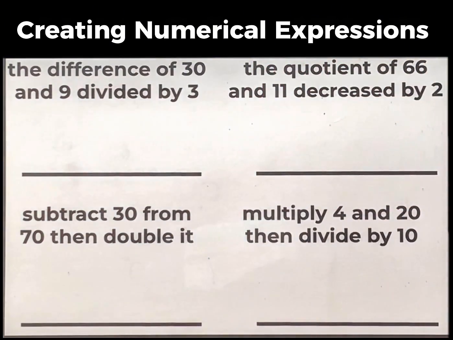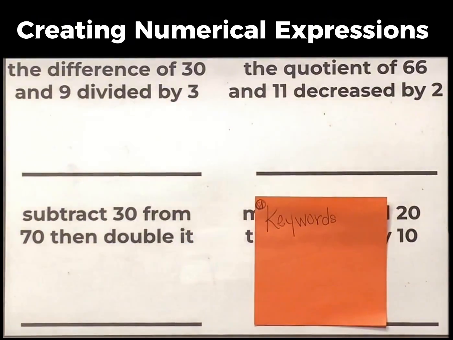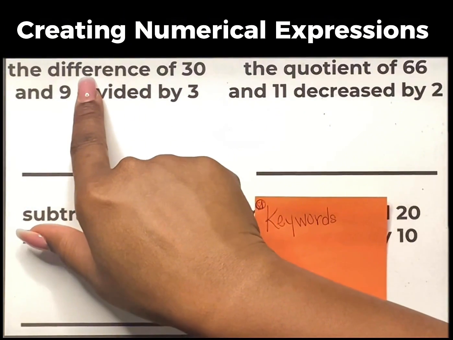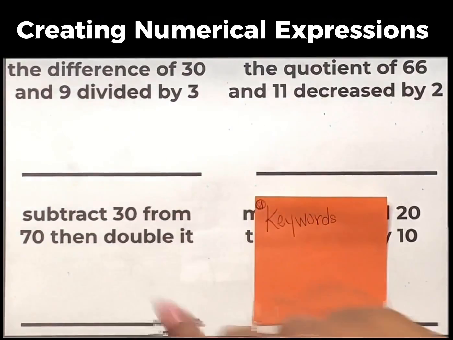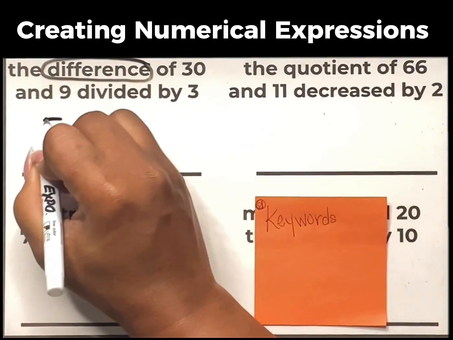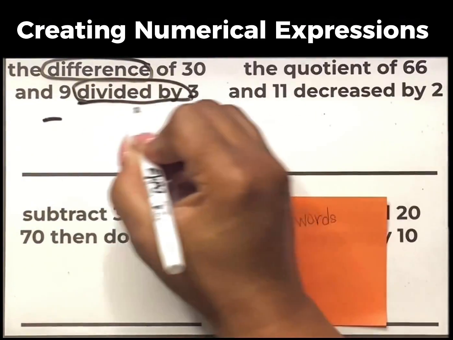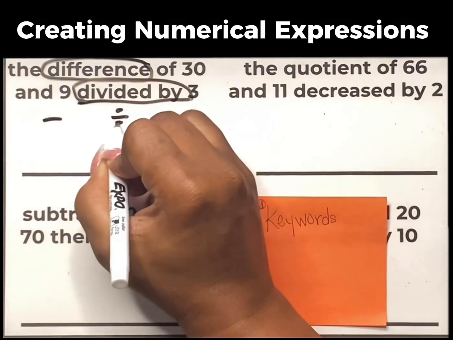So are we going to be adding, subtracting, multiplying, dividing? What are we going to be doing in this numerical expression? Hopefully you see that we have the word difference, and we also have divided by. Difference means subtraction, and divided by, we know we have a division symbol.